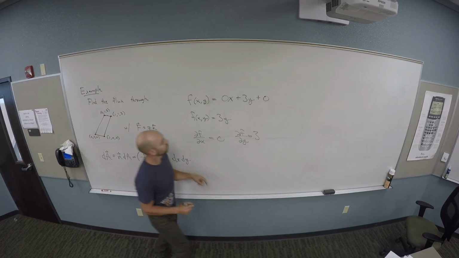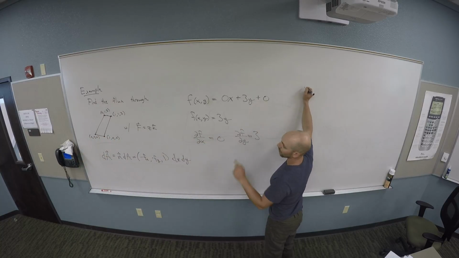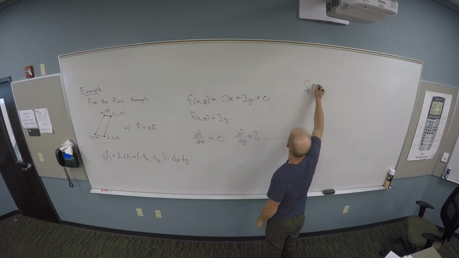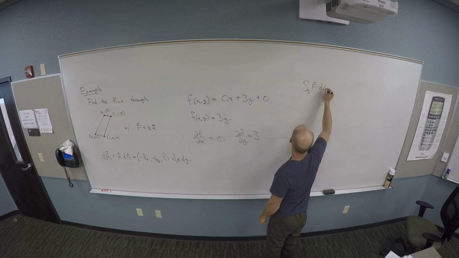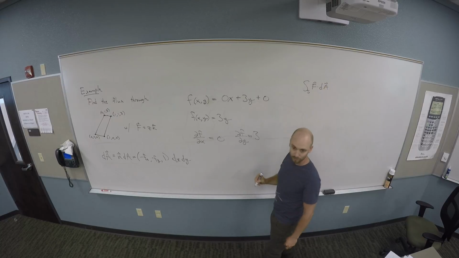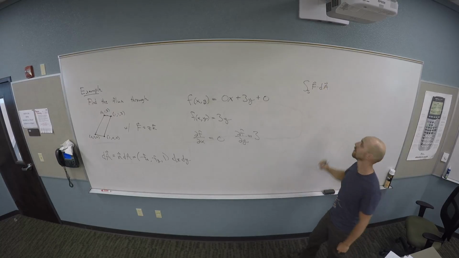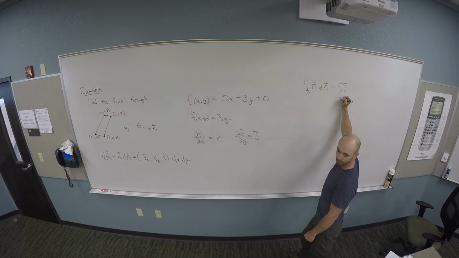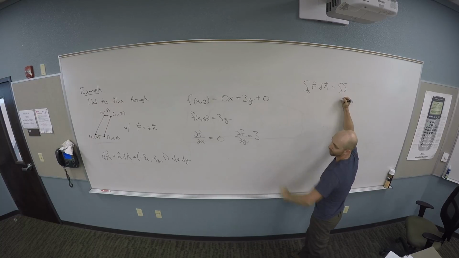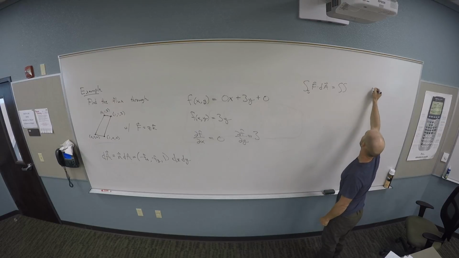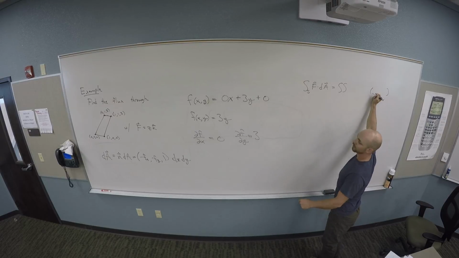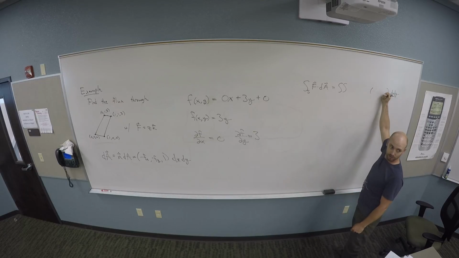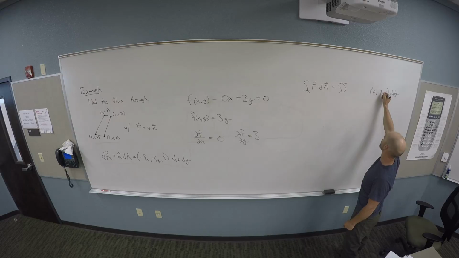I'm going to take the integral over the surface of F dotted with dA, and do a double integral. I'm going to trade dA for dx dy times (0, -3, 1).